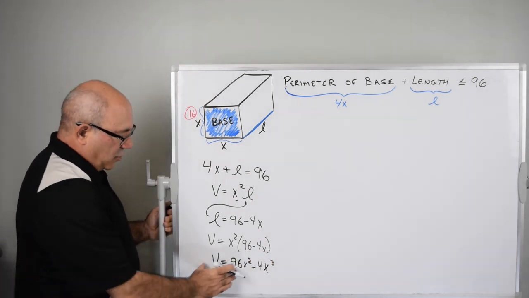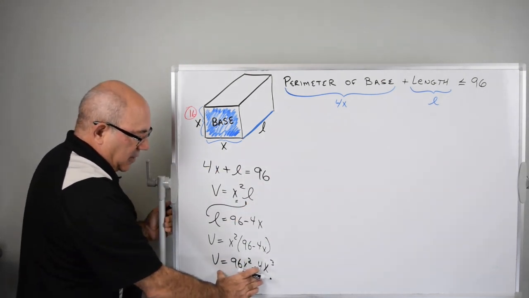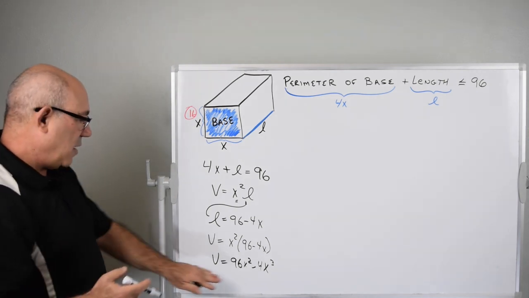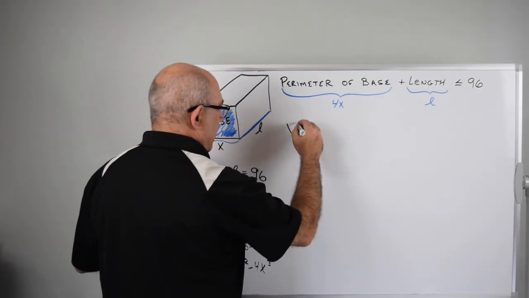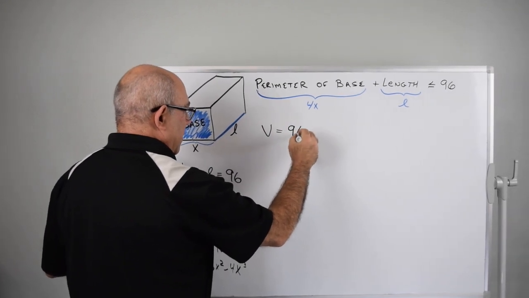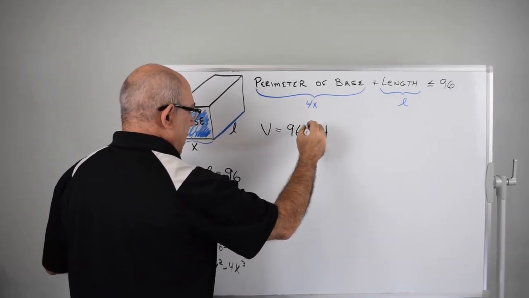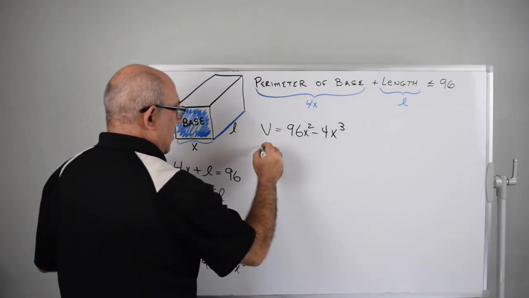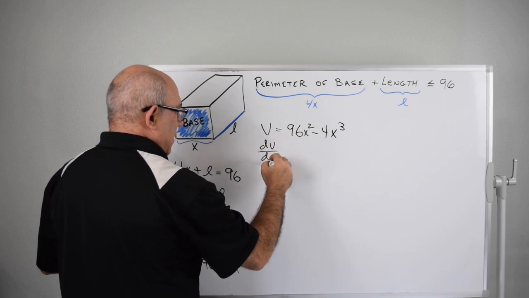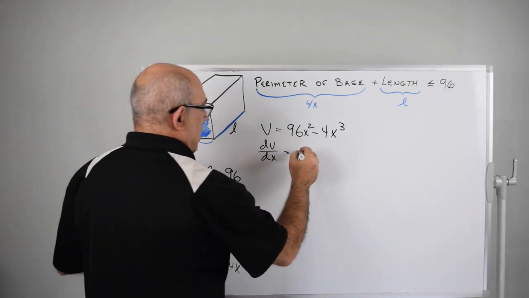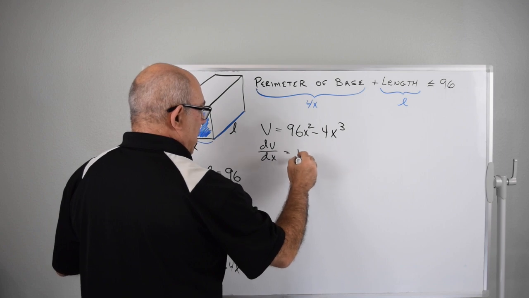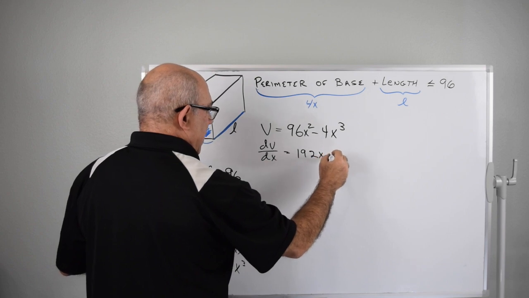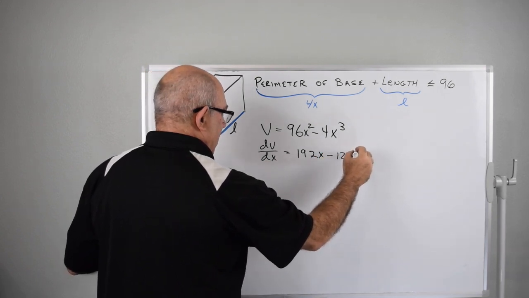Okay? So we'll take the derivative of this, and then we'll set that equal to 0. Then we'll be able to find our max. Volume equals 96x squared minus 4x cubed, and the derivative of that with respect to x equals 192x minus 12x squared.